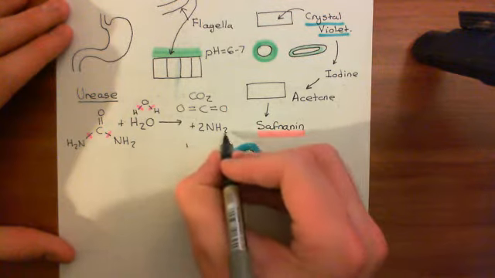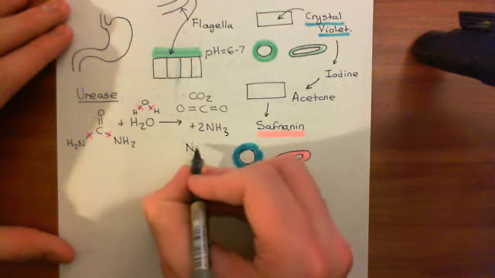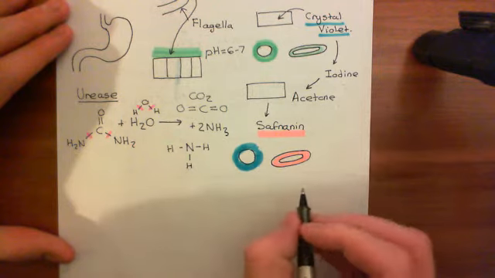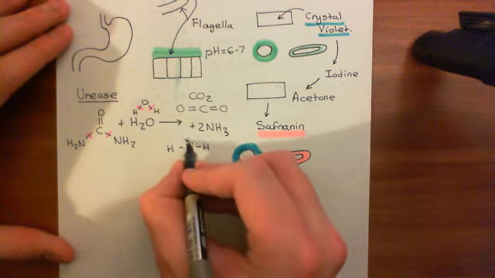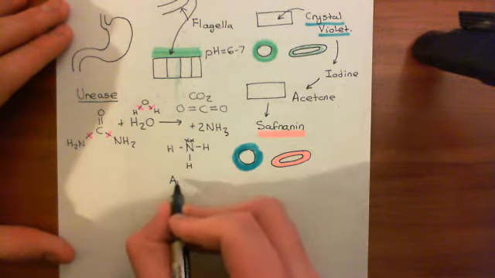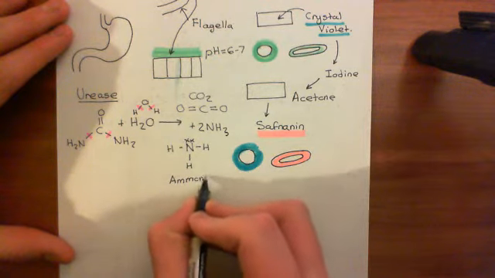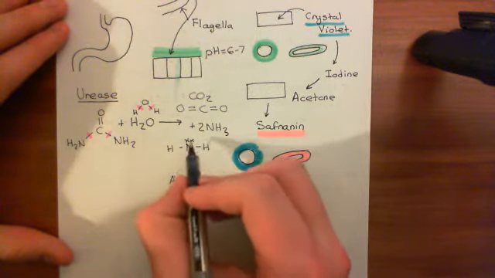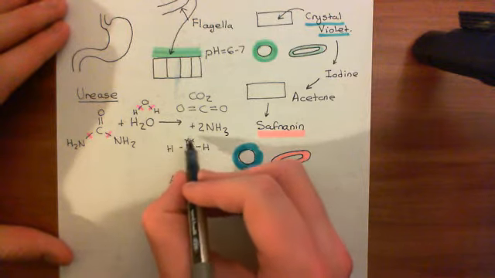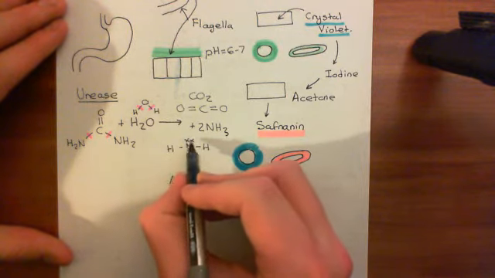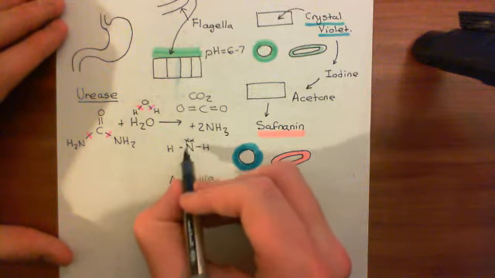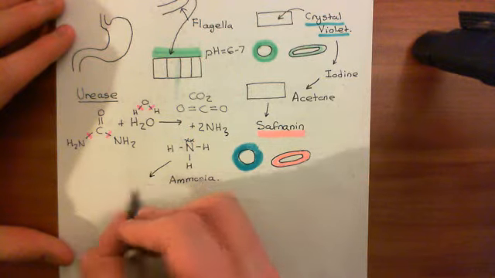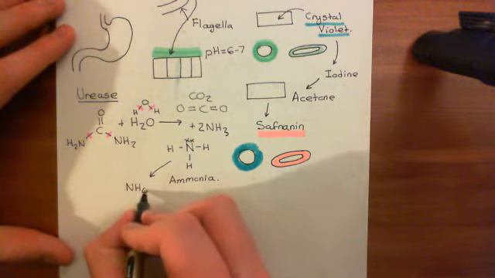Ammonia is NH3, so a nitrogen atom with 3 hydrogen atoms covalently bound to it. The important thing to understand about ammonia is that it has a lone pair of electrons, which acts as a center of negative charge. So if you have protons within the medium, they can latch onto the lone pair of electrons, and this is how ammonia molecules can accept protons to create ammonium cations, NH4+.